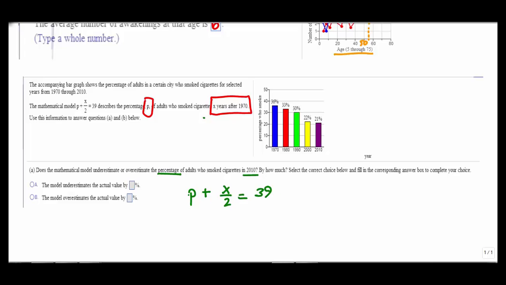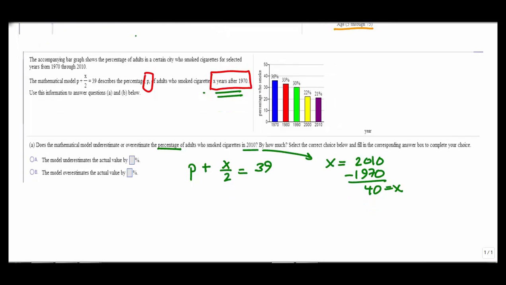Well, P is my unknown, but X I can figure out. X again is the number of years after 1970. So I could take 2010 minus 1970, and that's 40 years, and that's what I plug into my formula to solve for P. So I have P plus, instead of X over 2 though, I have 40 over 2.